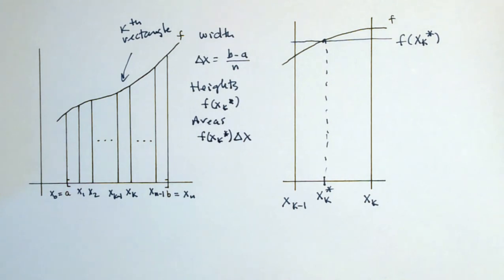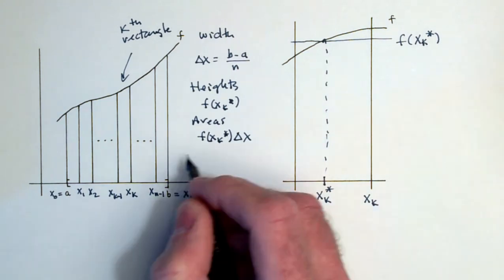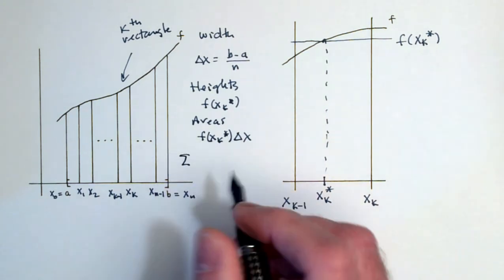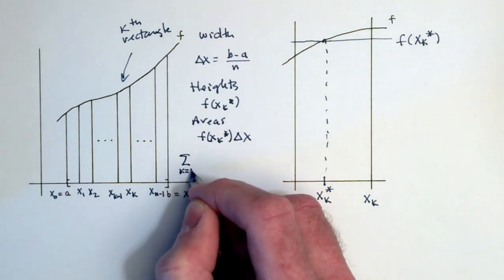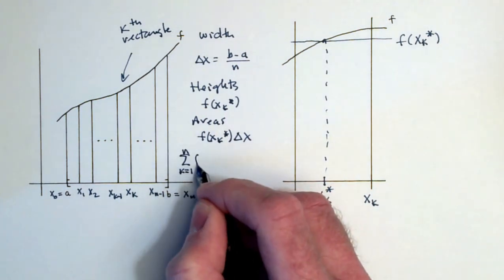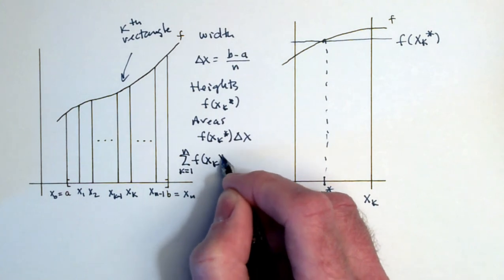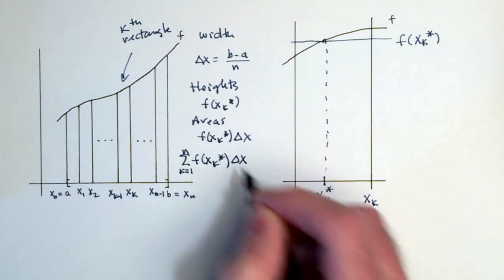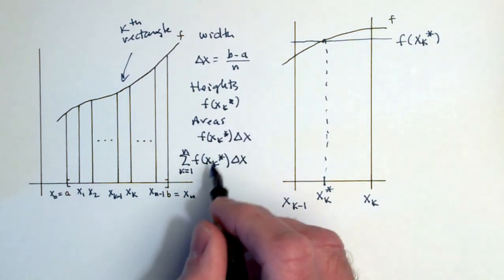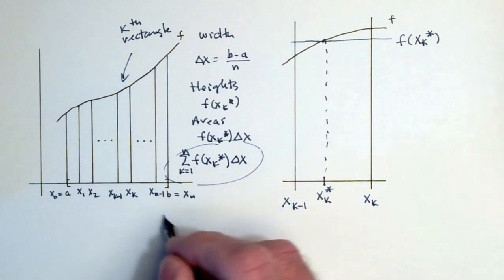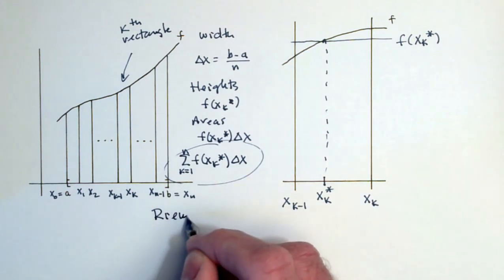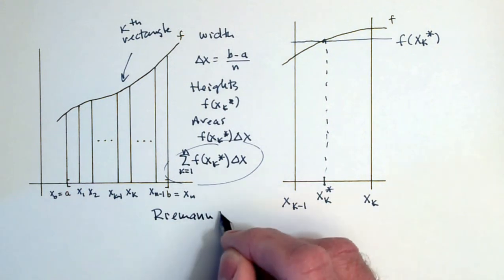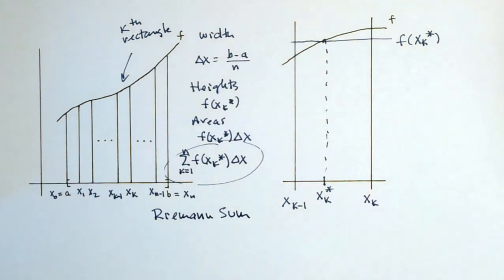And my estimate of the entire area under f, all the way from x equals a to x equals b, is then going to be the sum of all these rectangle areas from the first one to the nth one. This thing is a big deal. It's called a Riemann sum, after Bernard Riemann, who is credited with having worked all this out.